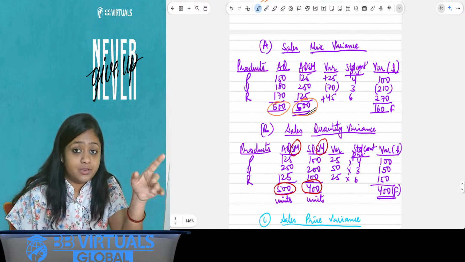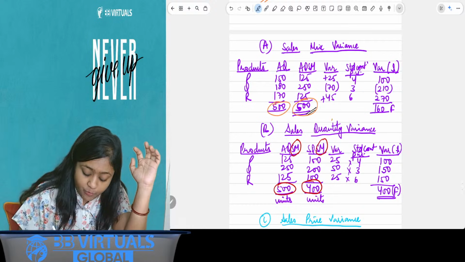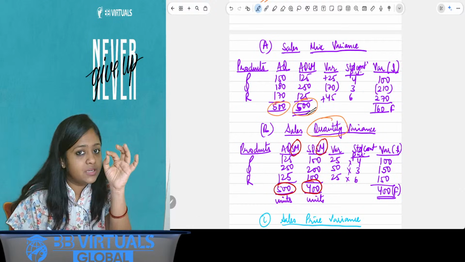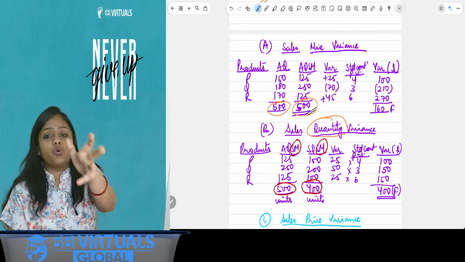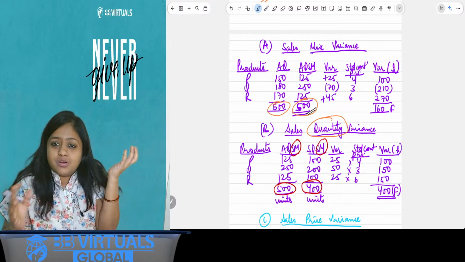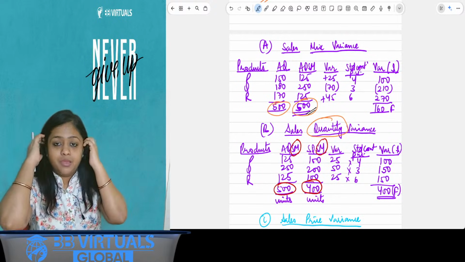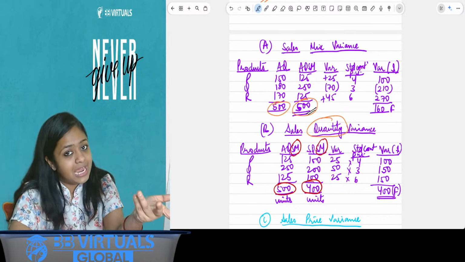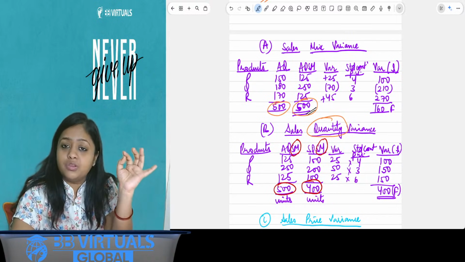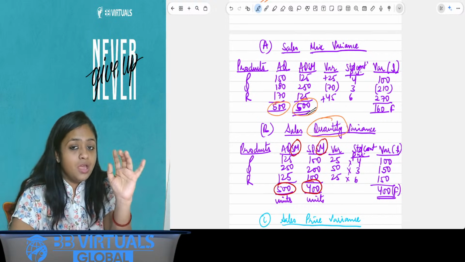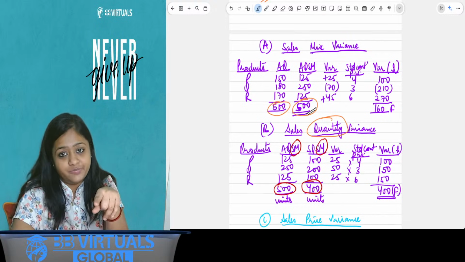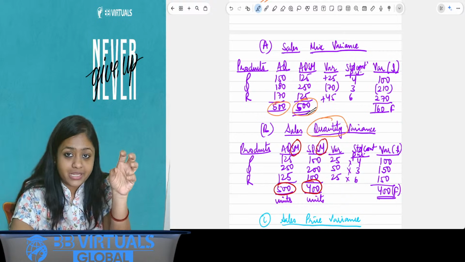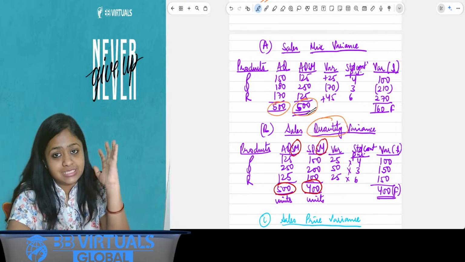Let's do the second one. Sales quantity variance. Now, what is your focus point, guys? I want you all to always look at your focus point. Your focus point is quantity. That means my mix is not a variable here. So keep your mix same. When you have to keep the mix constant, what do you use? Actual or standard? Standards. Clear? So you will put your quantities in standard. But now here the difference is on quantity variance. So take actual quantity in standard mix and budgeted quantity in standard mix.